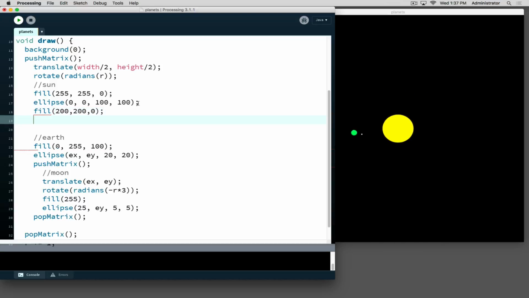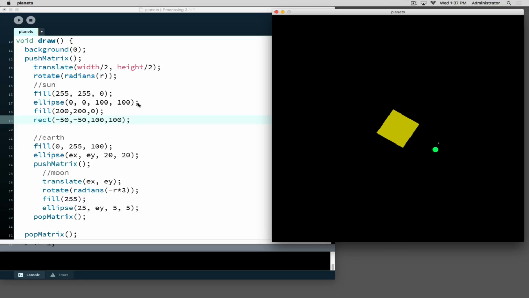But if I draw a rectangle at -50, -50, 100, 100, so if I draw a rectangle on top of the sun, it obliterated it. Sorry, I should make it smaller. But you can see now the sun is rotating and the planet is moving with the sun.